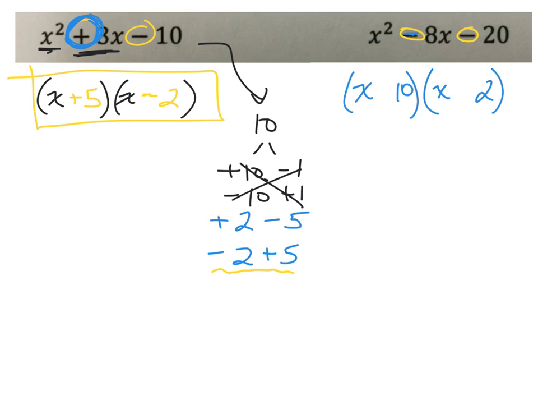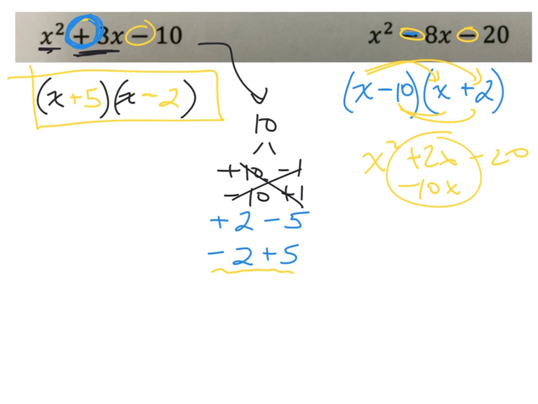Well, since it's a negative 8 in the middle, the 10 has to be negative and the 2 has to be positive. Quick check, we get x squared plus 2x minus 10x minus 20, and of course when I add those two like terms together, we get a negative 8x in the middle, and we have exactly what we started with. We are correct.